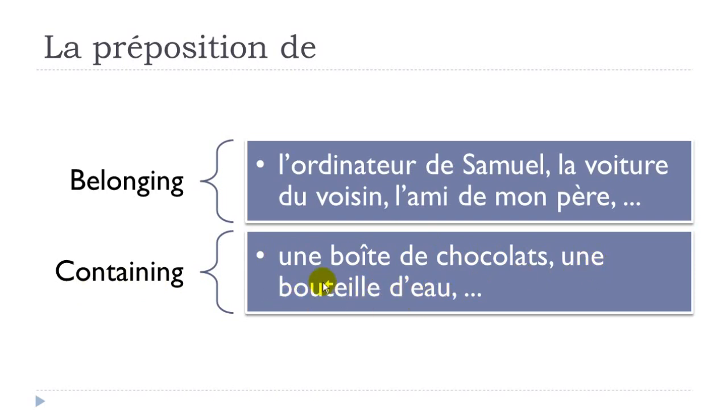Okay, bottle of water. And so in that case you should use this de. But obviously because you've got a vowel first, they don't really get along, so as usual in French, the e disappears, and you get this apostrophe. Une bouteille d'eau, a bottle of water. Une boîte de chocolat, une bouteille d'eau, so in that case, definitely you should use this preposition de.